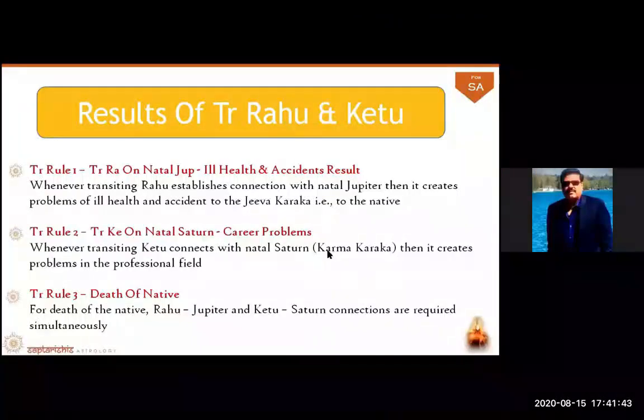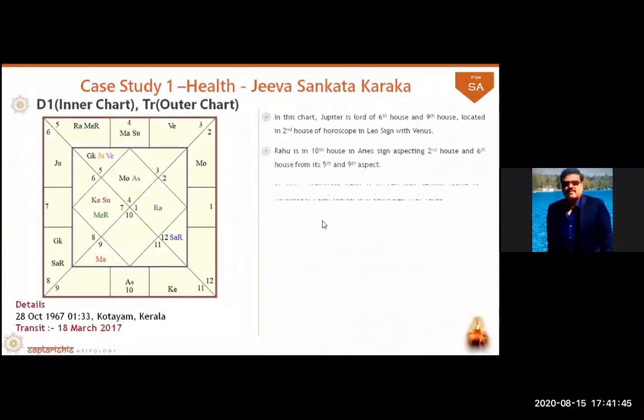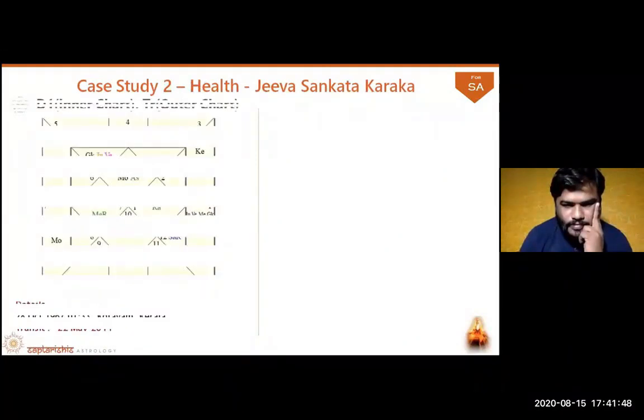Sir, I have a question. I am Virgo Lagna. In 2019, my natal Guru is sitting in the 4th house, and natal Shani is also sitting in the 4th house.